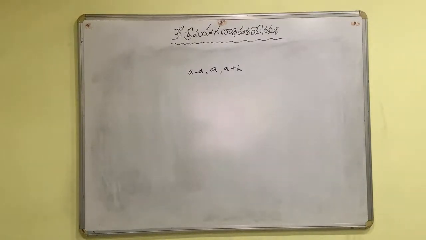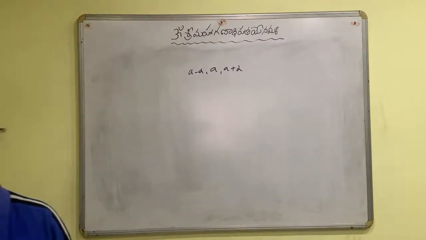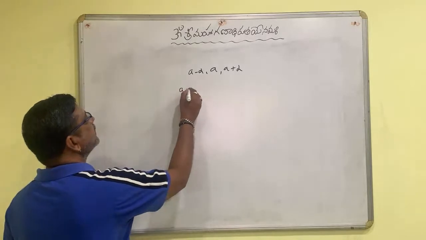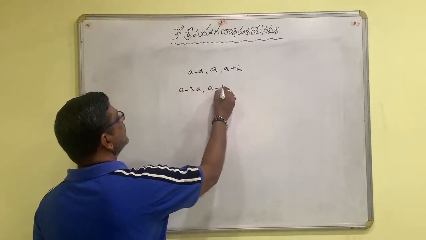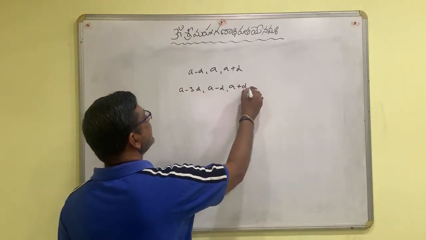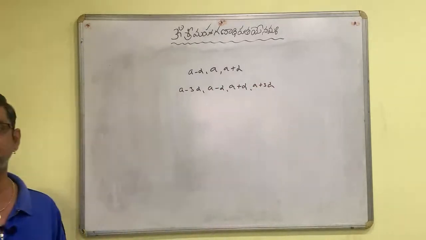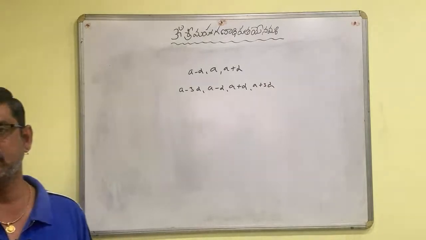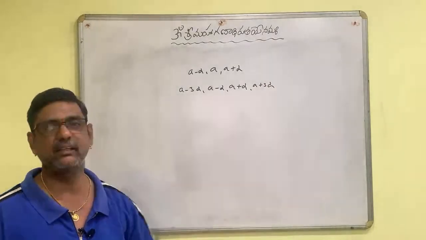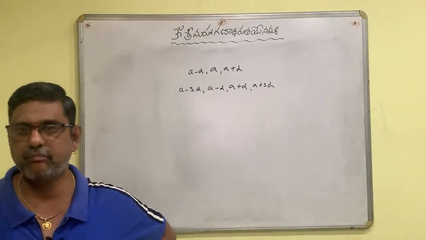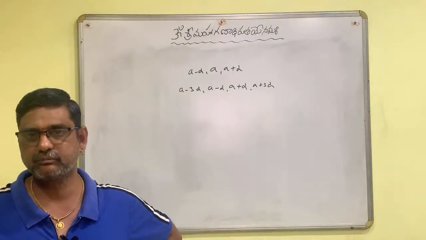If the question talks about four numbers, we have to take them like this: A minus 3D, A minus D, A plus D, A plus 3D. If we assume four numbers like this, then solving the problem is very easy.